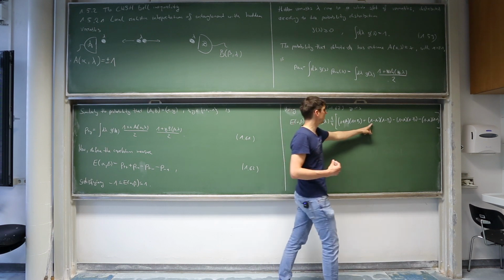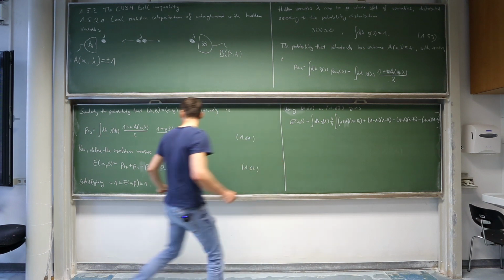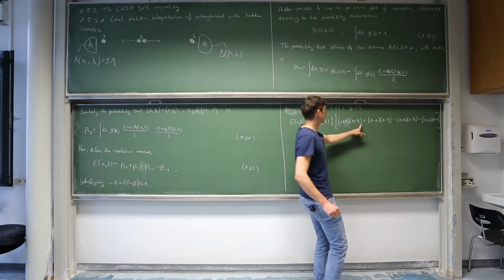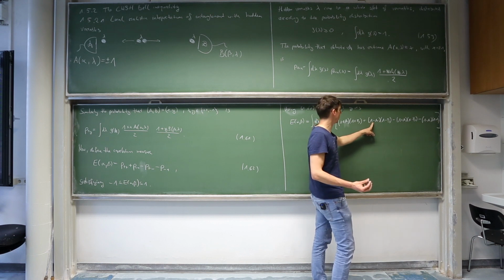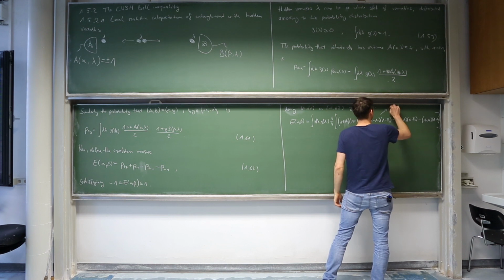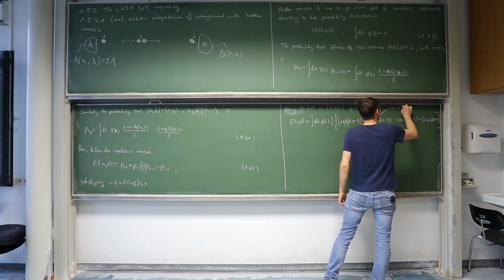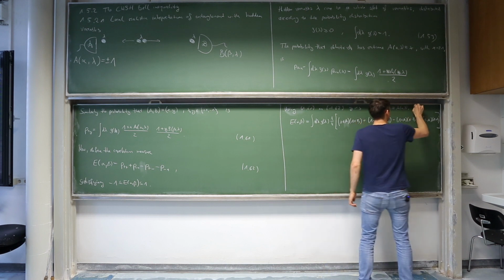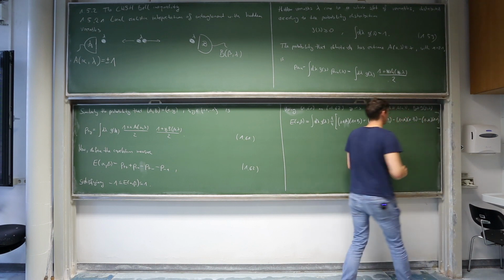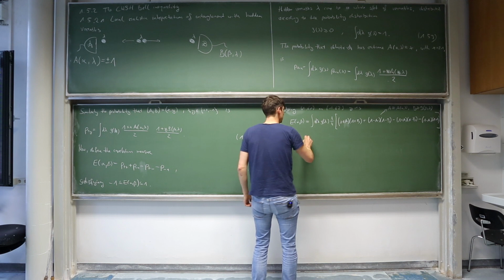And then the same here: plus p minus minus, and since I have minus minus, I have 1 minus a and 1 minus b. Here we use the shorthand that a is a of alpha lambda and b is b of beta lambda, otherwise this expression is getting too long.